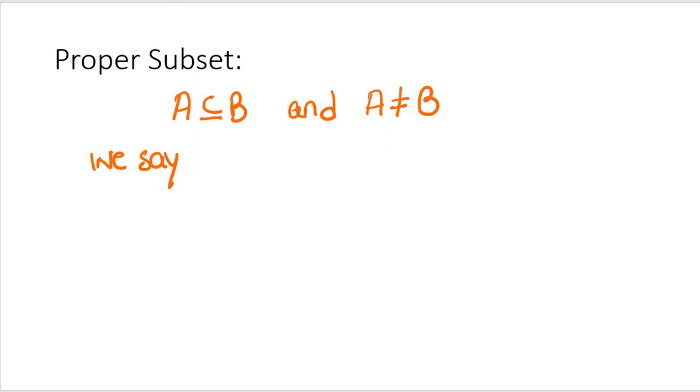When we identify a situation where A is a subset of B and A is not equal to B, in this case we say A is a proper subset of B.